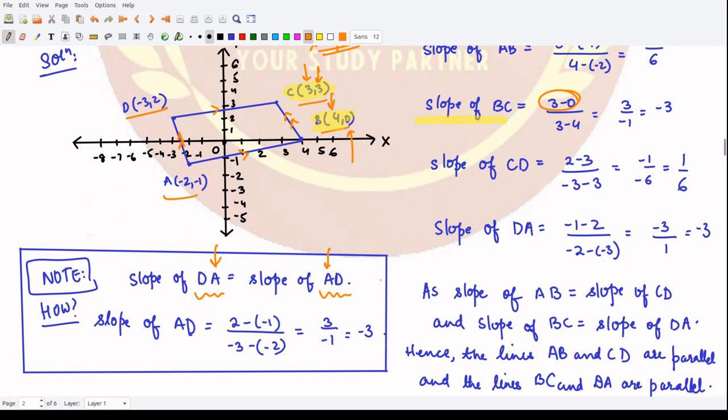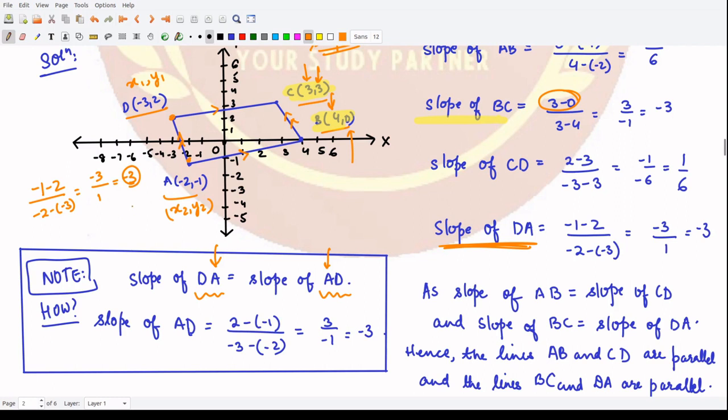As I will show you, what is the slope of DA? For DA, I am assuming this to be my second point, so it is x2, y2, and I am assuming D to be the first point, x1, y1. If I calculate the slope here, it would be minus 1 minus 2 divided by minus 2 minus of minus 3. Once you solve it, you would have minus 3 divided by plus 1, so it is minus 3.